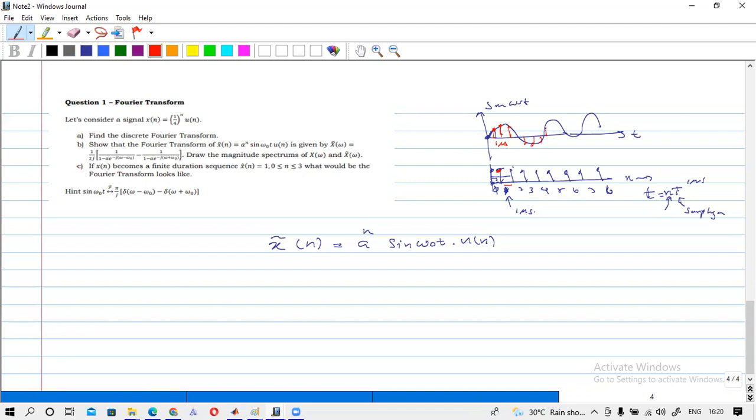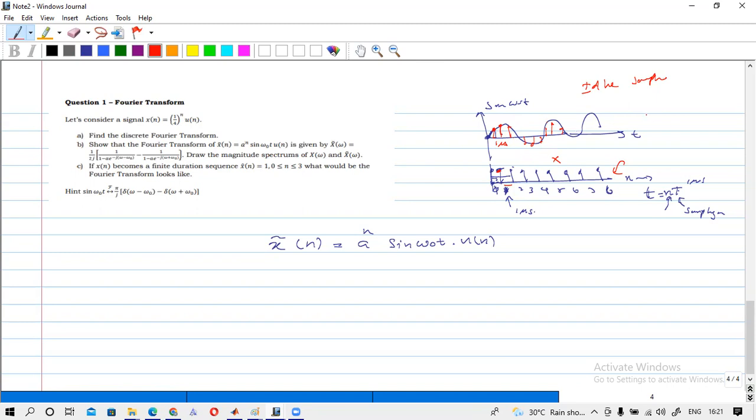You get this kind of samples only if you have multiplied this continuous time signal with the impulse train. Actually, this is sampling. This is called ideal sampling, if you can remember. So you multiply your x(t) continuous signal with the impulse train, and then you will get this kind of sample.